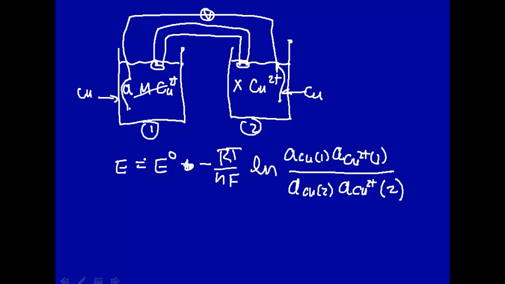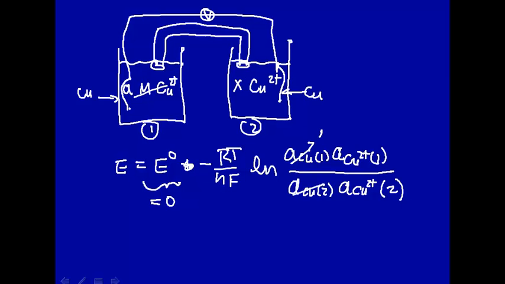Now, what would be E0 for this particular electrochemical cell? Well, everything here is a standard state, and everything there is a standard state, so there'd be no gradient in potential, so the cell voltage will be 0 for this particular cell.